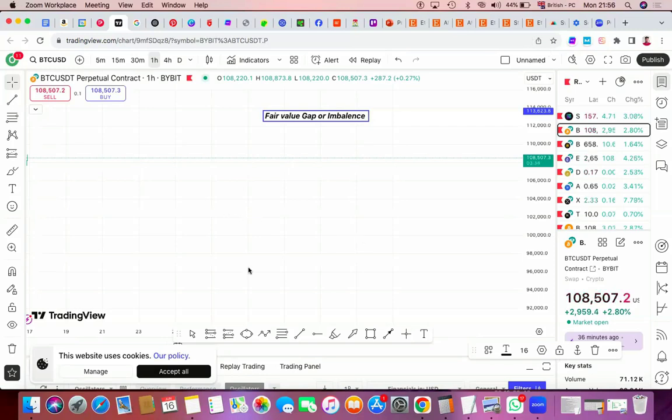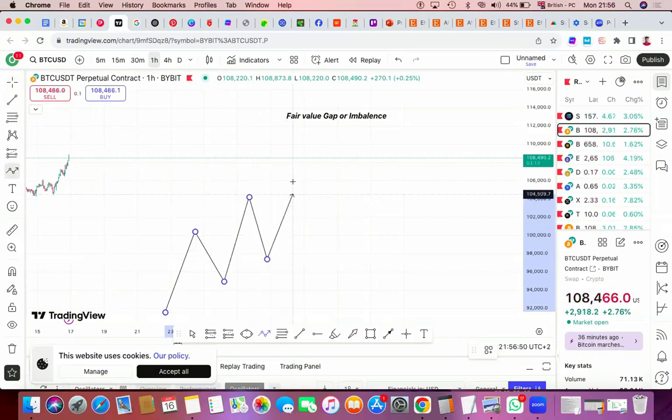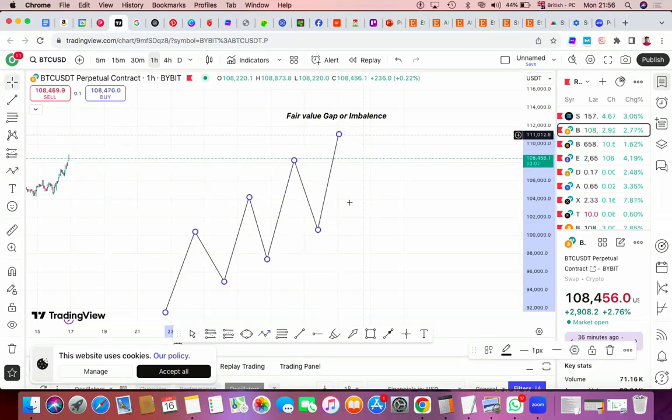So our topic for tonight is fair value gap. Like we talked about the last time, we already talked about different topics, and we take our part two right now. Now for example, we have our structure. In an uptrend scenario, the market is creating higher highs and higher lows.